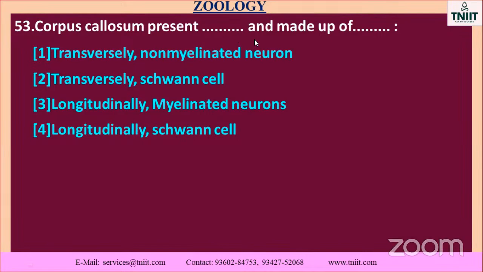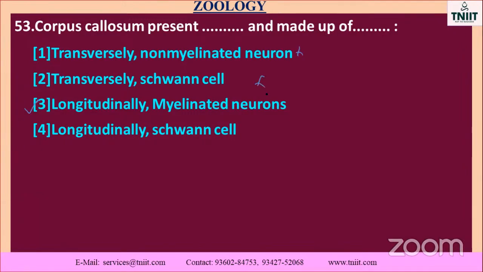Go to the next one, 53. Corpus callosum present dash and made up of dash. Corpus callosum is present longitudinally, not transversely. So the option is these two only. And it is made up of myelinated neurons. You should note it down. This point is very, very important.